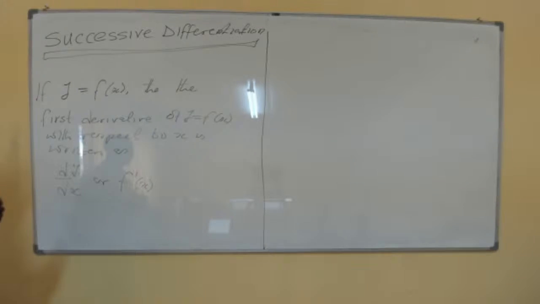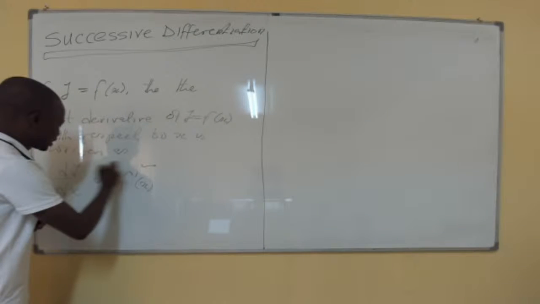Now the question is, if this expression is differentiated again, which expression are we talking about? Either this expression or this one. This is what we call the differential coefficient.